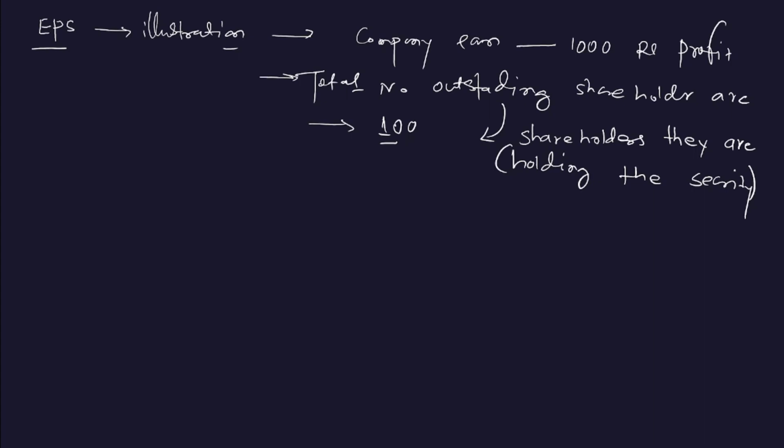So it's a liability eventually, and that's the reason we record this on the liability side of the balance sheet. Whenever we use a word like outstanding, it means that is your liability, which will be recorded on the liability side of the balance sheet.